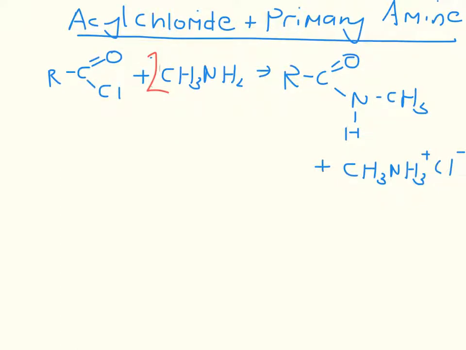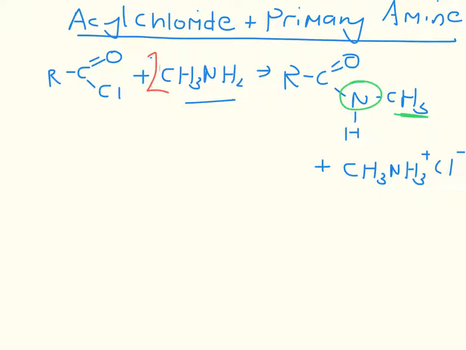Okay, and the final one is an acyl chloride with a primary amine. So this is methylamine that I've got here. And you make an N-substituted amide. Now what do I mean by an N-substituted amide? It means that the nitrogen atom has got an R group attached, in this case a methyl group.